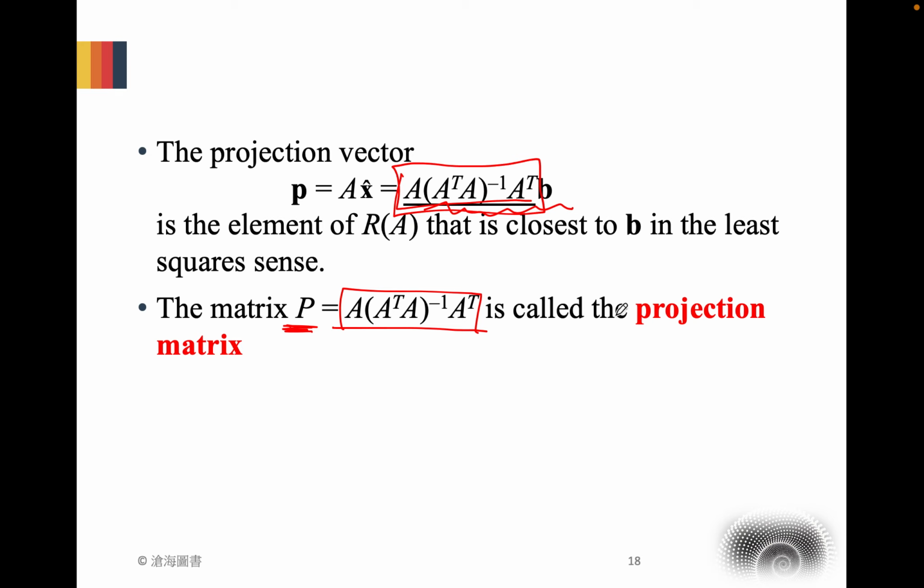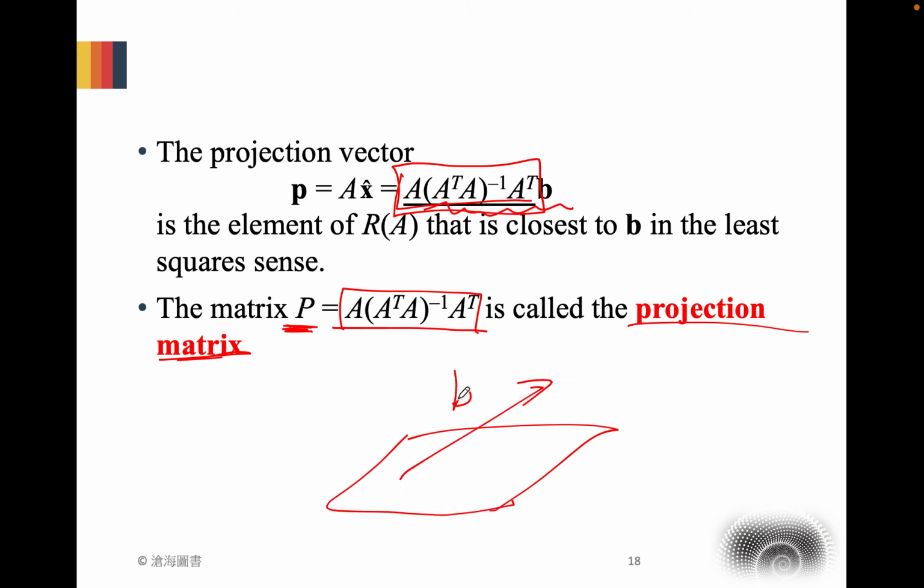This matrix is called the projection matrix because what does this matrix do? This matrix makes a vector b do the orthogonal projection to p. So p is equal to Pb. This matrix, capital P, is called the projection matrix.